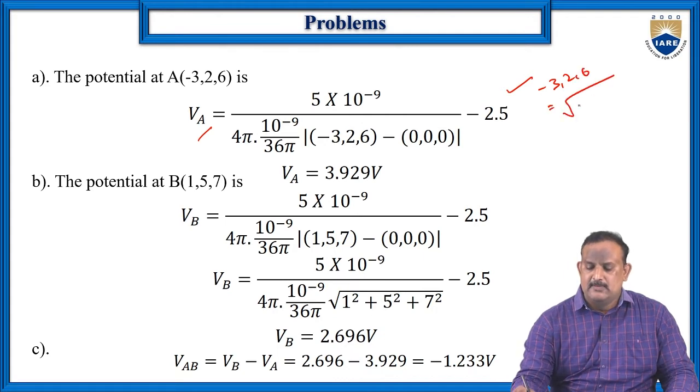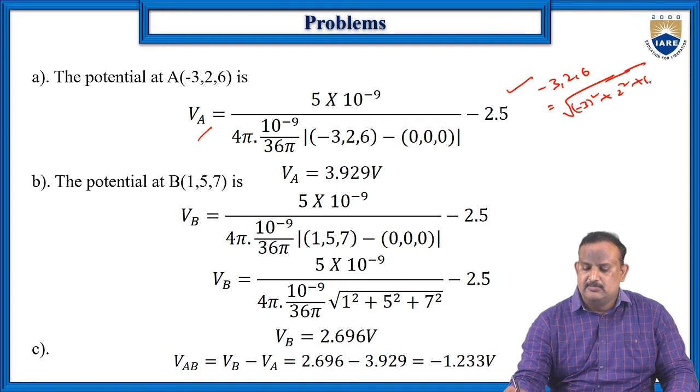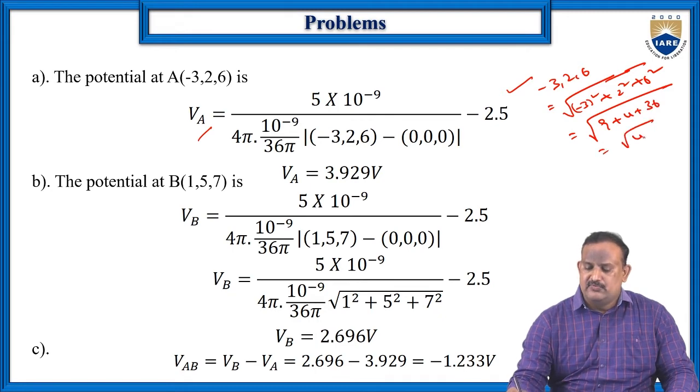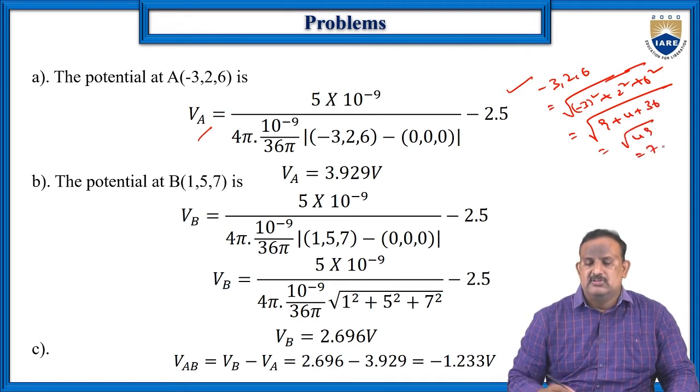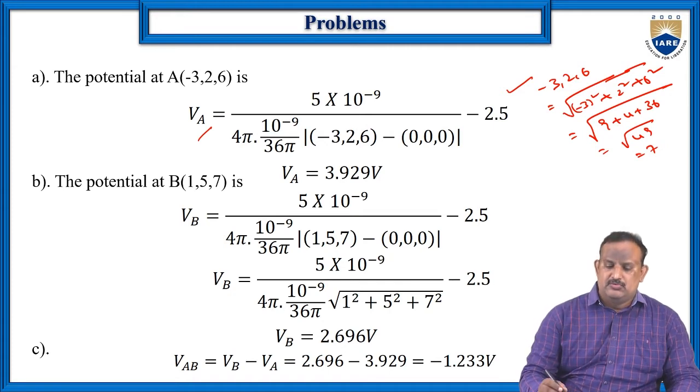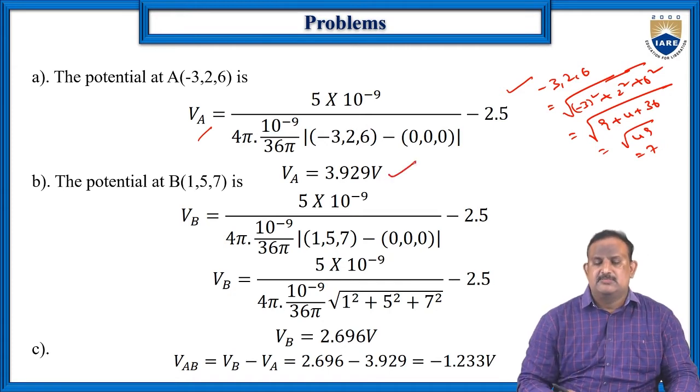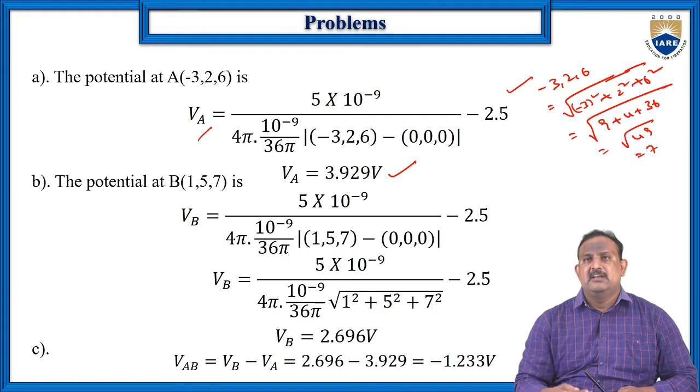If you find the magnitude, it is root of (-3) square plus 2 square plus 6 square, which is 9 plus 4 plus 36, root 49, so the distance is 7. If you simplify the expression, the potential at point A is VA equal to 3.929 volts.